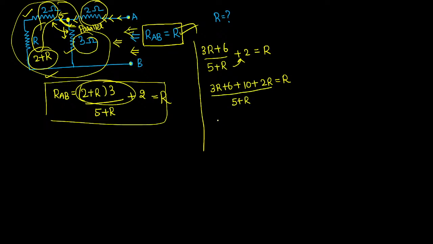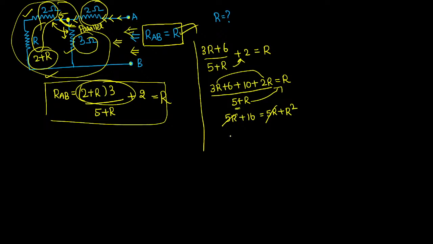Okay. Next, let us see. 3R plus 2R will give you 5R, and 10 plus 6 will give you 16, equal to 5 times R plus R into R. I am just passing this to the right side. So R into 5 will become 5R, and R into R will become R power 2. So here if you observe, this 5R is getting cancelled out.